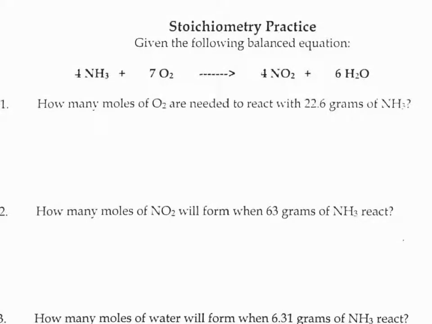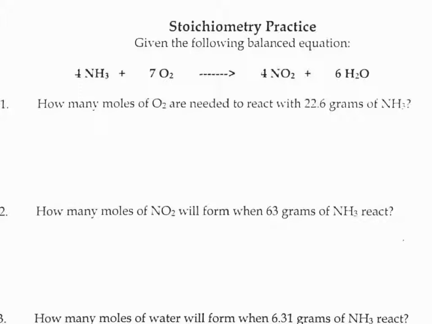How many moles of O2 are needed to react with 22.6 grams of ammonia? First thing we want to do is ask ourselves, what is this question asking? And the answer to that is, how many moles of O2 are needed to react with 22.6 grams of ammonia?